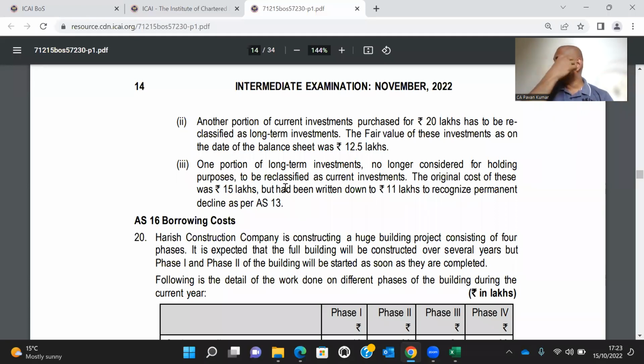When I teach internal reconstruction or amalgamation, any of the complicated topics, people feel they are complicated, even ESOP, even buyback. I will not explain any of the theory. I will just read one complicated question having so many folds. I will ask them part by part, write the journal entry, write the journal entry.